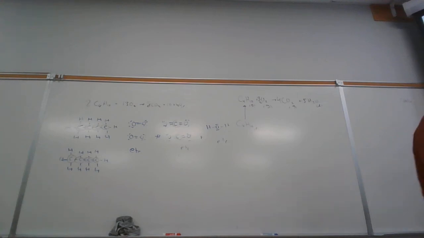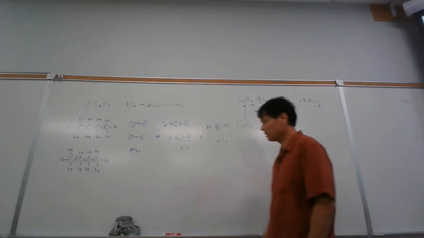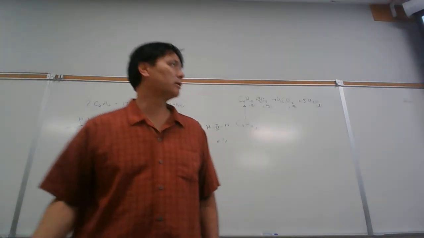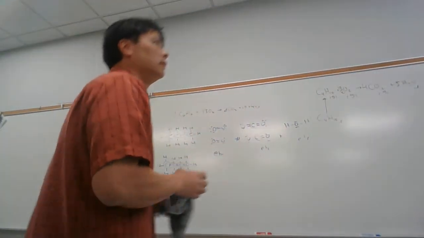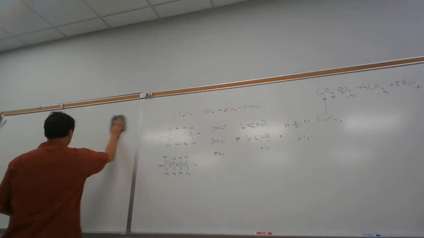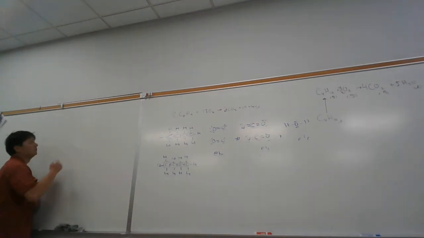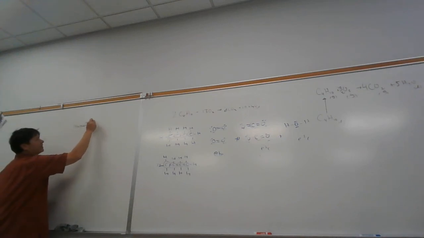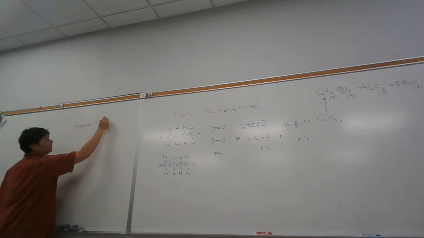And so this would be more like your test here, like number 20. Let's see if you can do number 20. And then there are some more that we'll look at later. But number 20 is magnesium plus sulfuric acid.